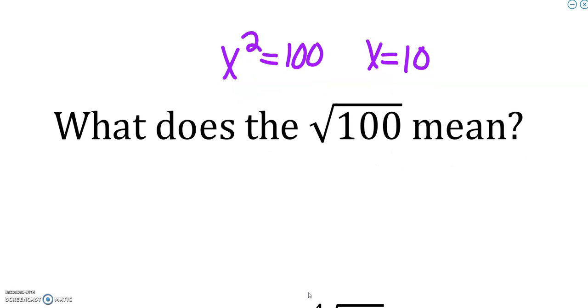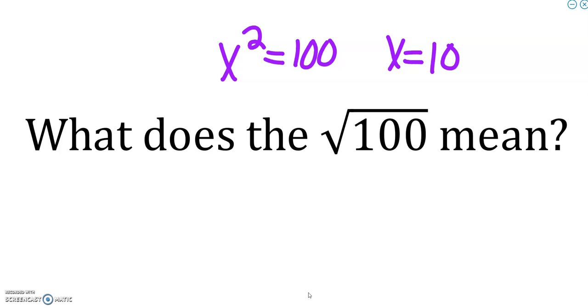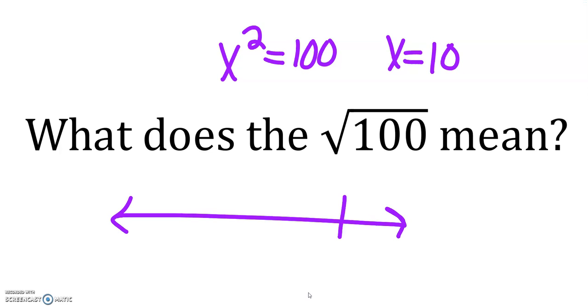And what I want you to think about, though, is that this is kind of like we're trying to get to 100. When we're doing exponents like this, we're counting in a multiplying type of way. We take some number and multiply it 2 times, because the square root is 2, to get to 100.